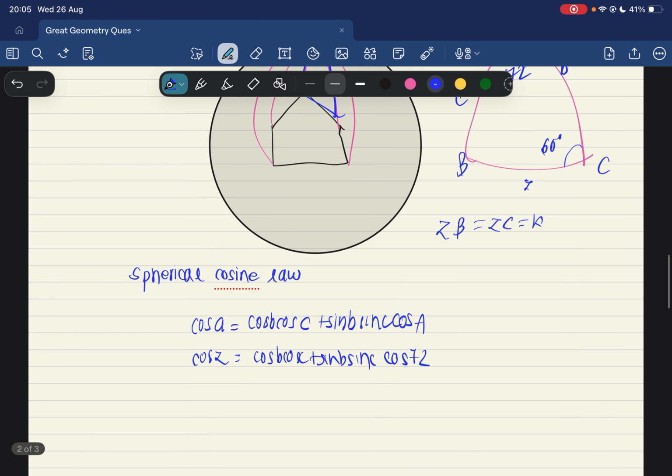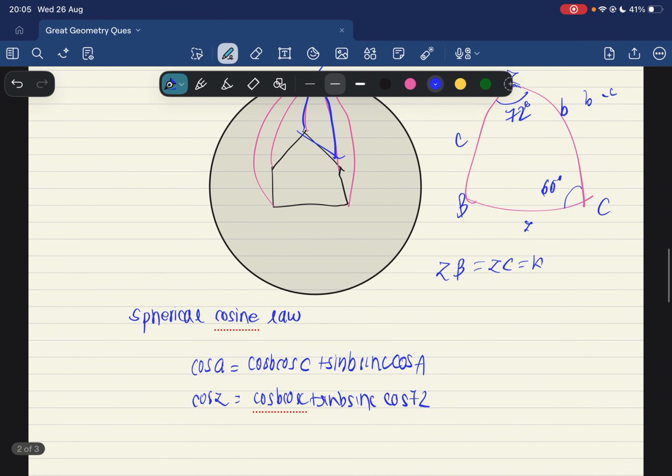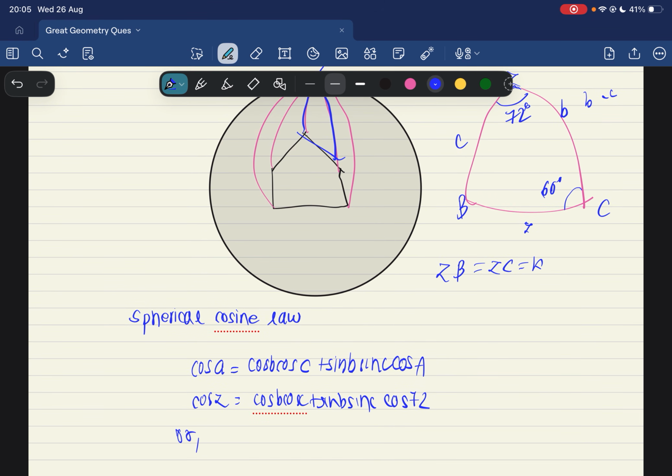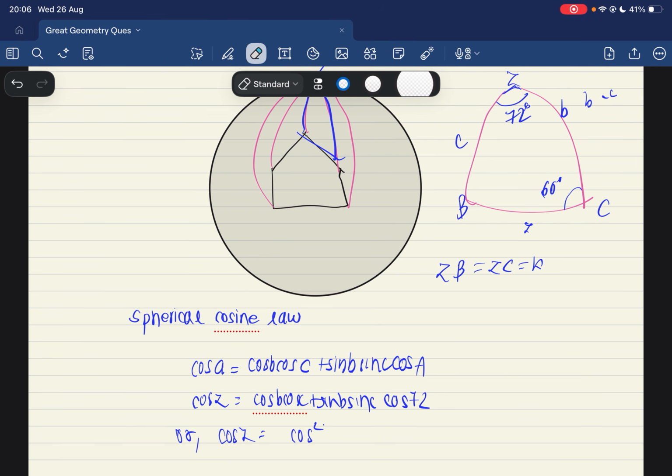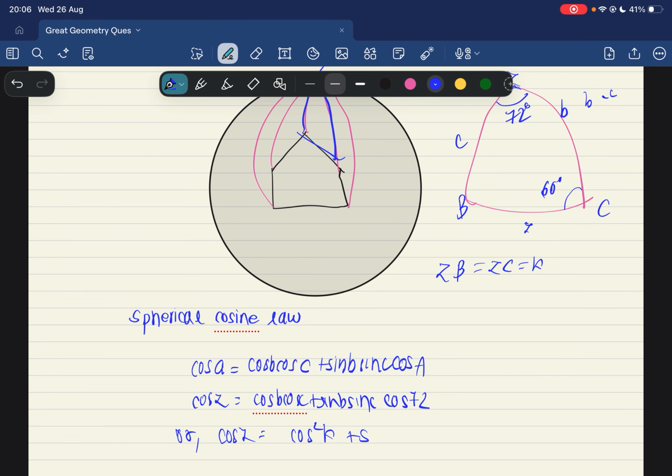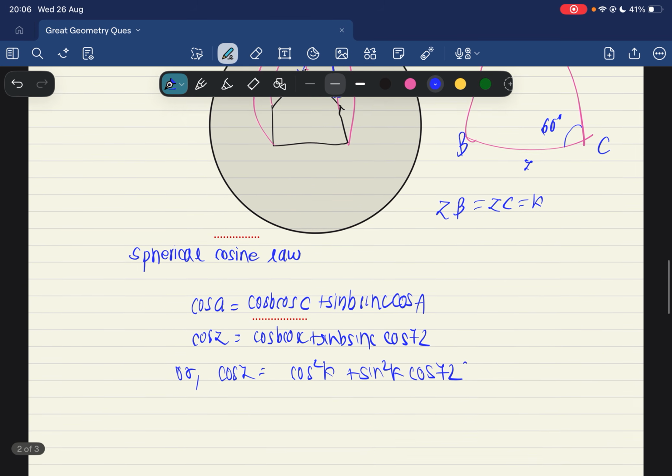Since these are the same, I'm just going to write it right here. We have cos z equals cos square k, because we consider it a k, okay, fine, plus sine square k cos 72, fine.